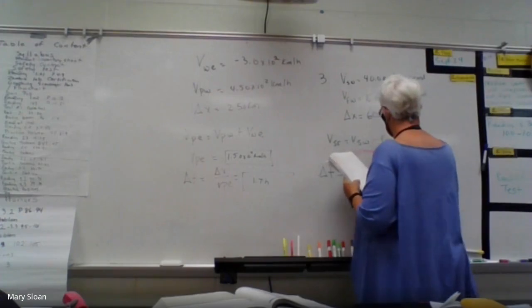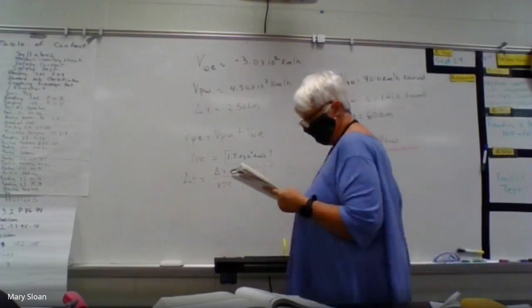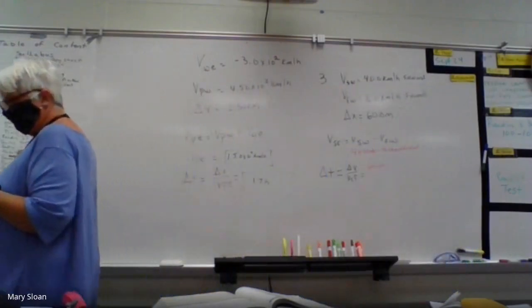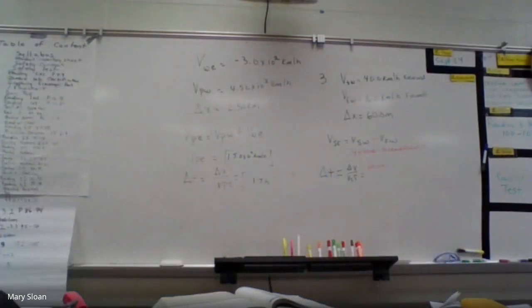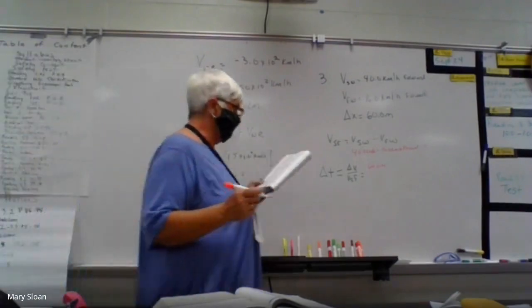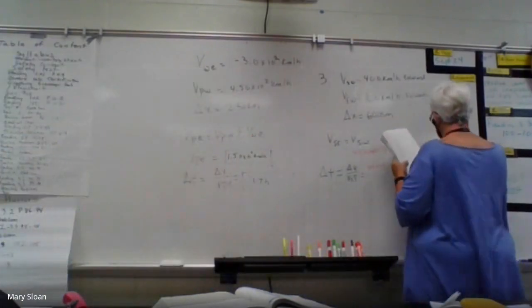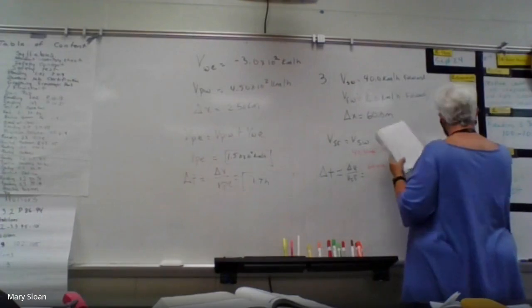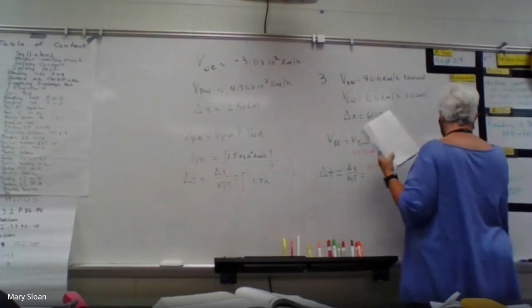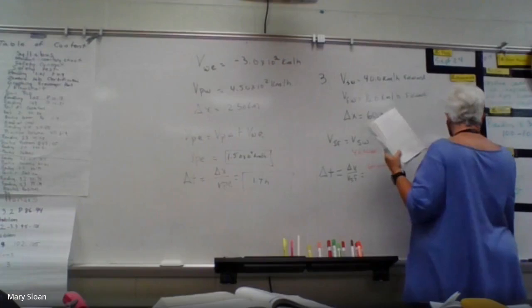Let's subtract. Oh, I did the wrong sign. I'm sorry. It is 24 kilometers per hour. 24.0 kilometers per hour toward the fish.